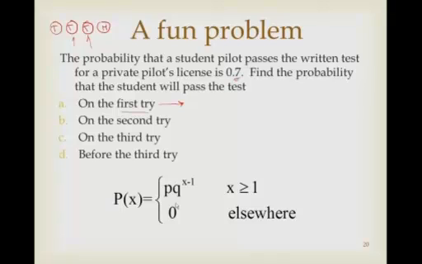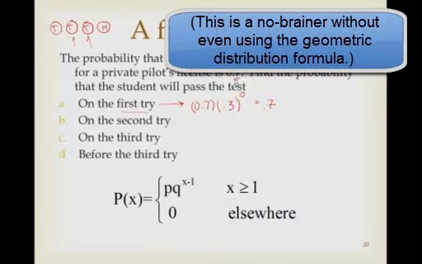We want it to be a success on the very first try, and that will be what? P is 0.7 and Q is 0.3, and x minus 1, well, 1 minus 1 is 0. So it turns out to just be 0.7. The chance that we're going to pass it on the first time is 0.7.